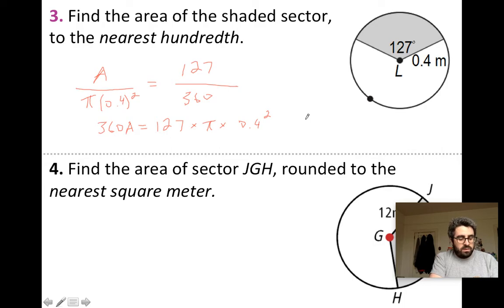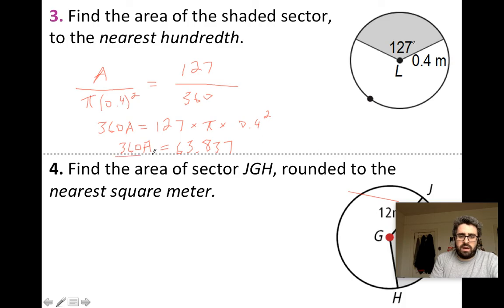So 127 times pi times 0.4 squared is about 63.837.